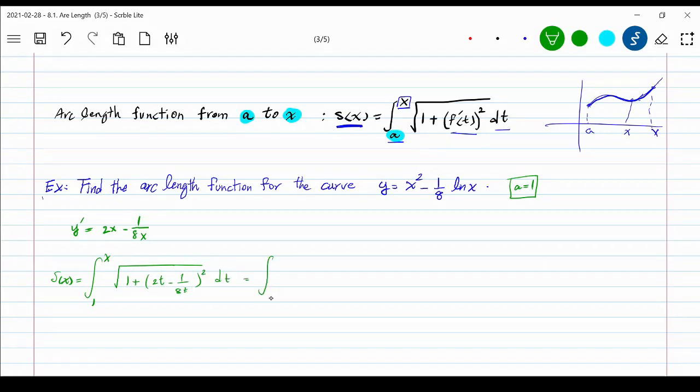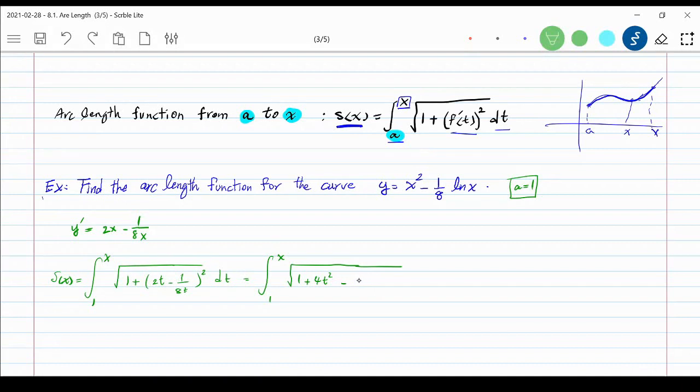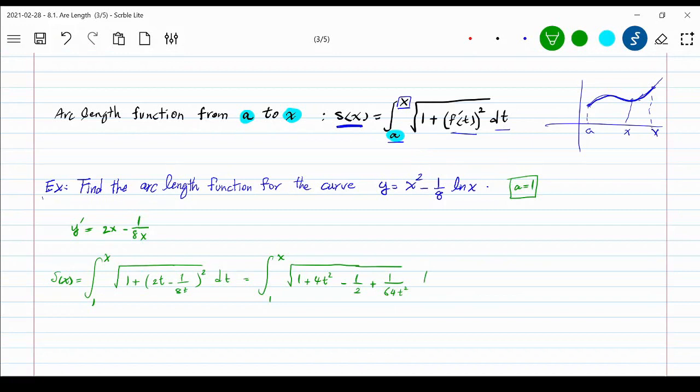And this is the integral from 1 to x of the square root of 1 plus 4t squared minus, what is that, 2t times that, it becomes minus 1/2, plus 1 over 64t squared, dt.